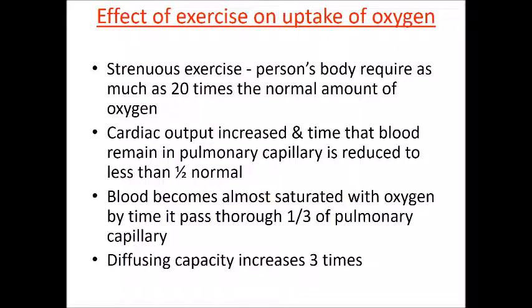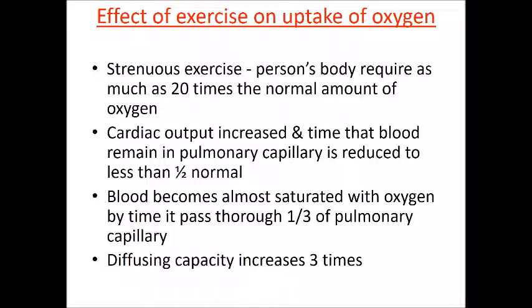So when we do any exercise, what will happen to the uptake of oxygen? During strenuous exercise, a person's body requires as much as 20 times the normal amount of oxygen. Cardiac output is increased and the time that the blood remains in the pulmonary capillary is reduced to less than half of normal.